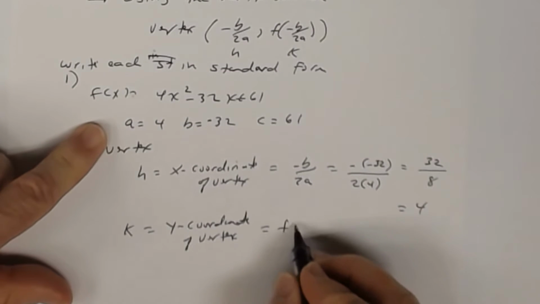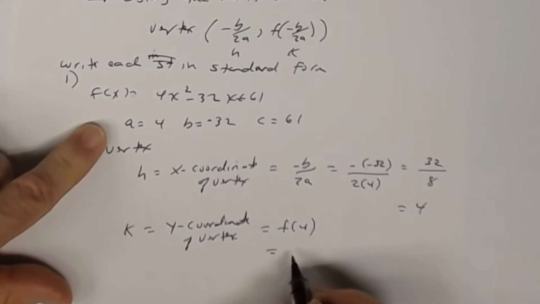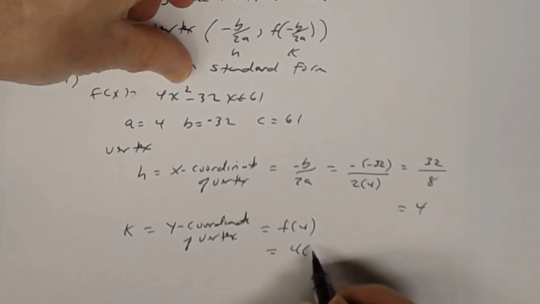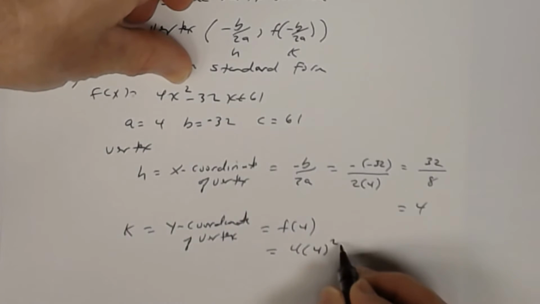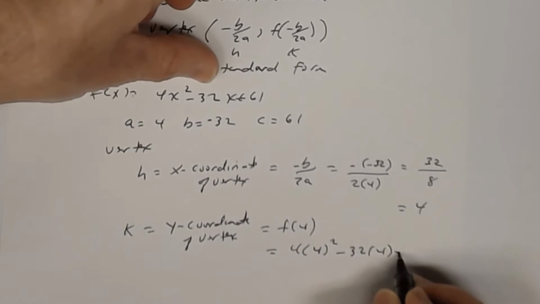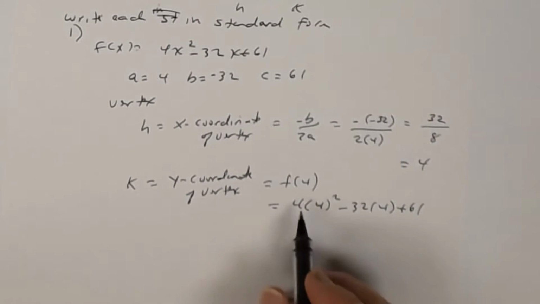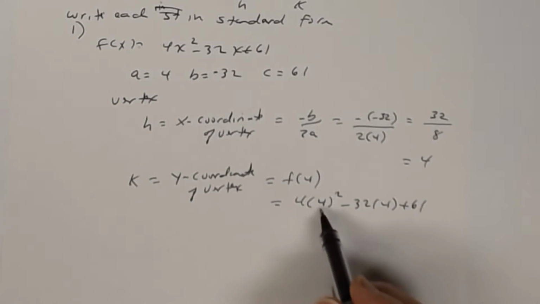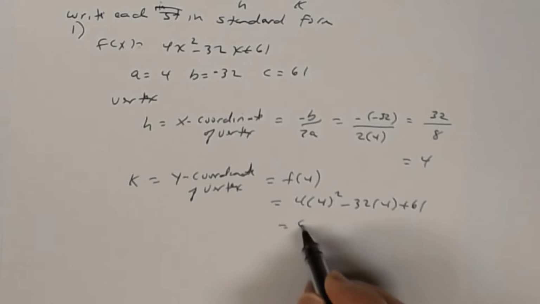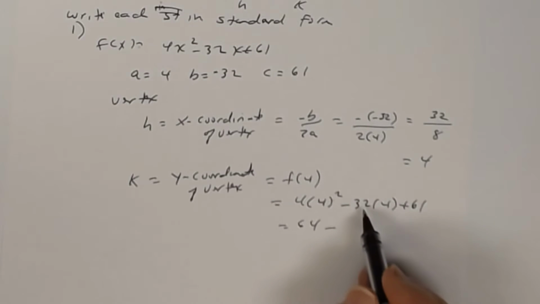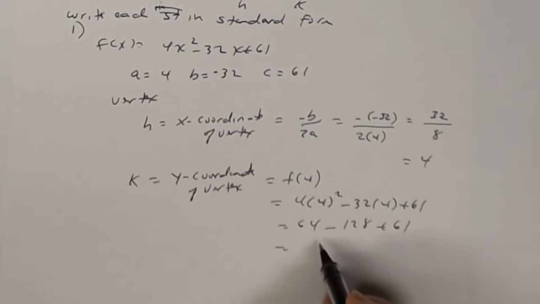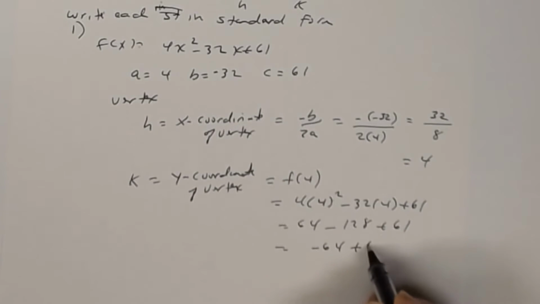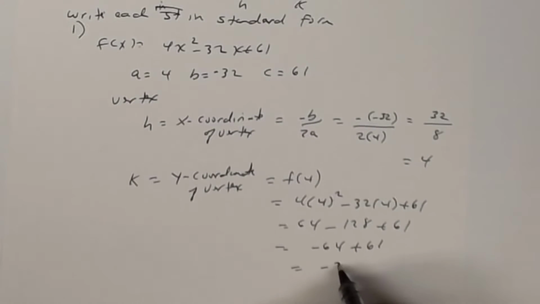You're going to say f of 4. So you get 4 times 4 squared minus 32 times 4 plus 61. 4 squared is 16, 16 times 4 is 64, and 32 times 4 is 128, so we have minus 128 plus 61. 64 minus 128 is negative 64, and negative 64 plus 61 is negative 3.